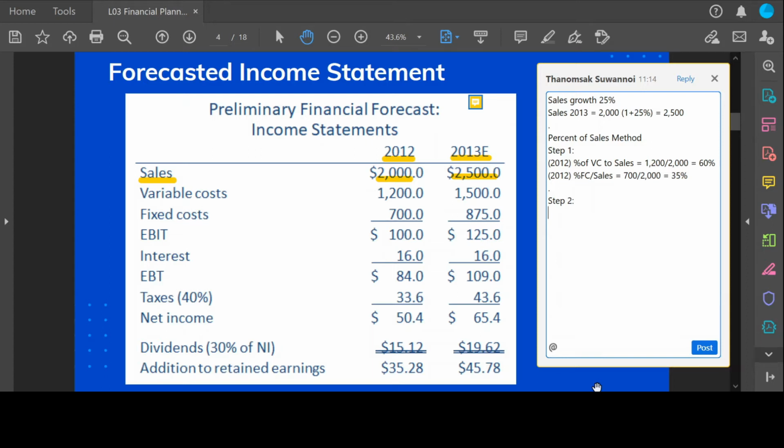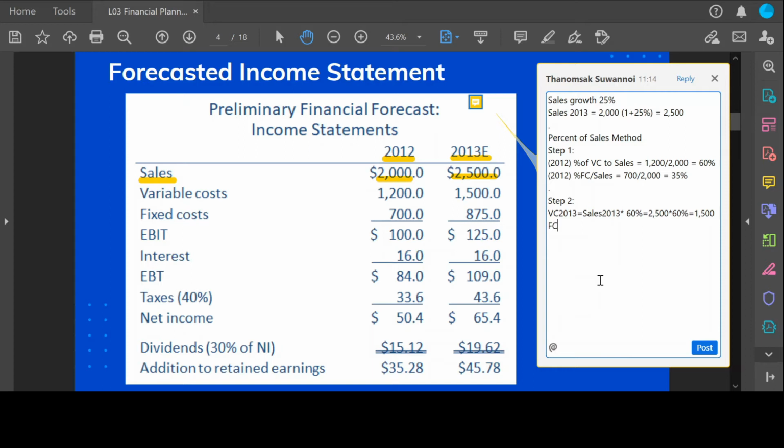So in step number 2, if we look into 2013, variable cost is equal to sales in 2013 multiplied by the percentage of variable cost to sales, which is 60%. So the variable cost in 2013 will be equal to $1,500.